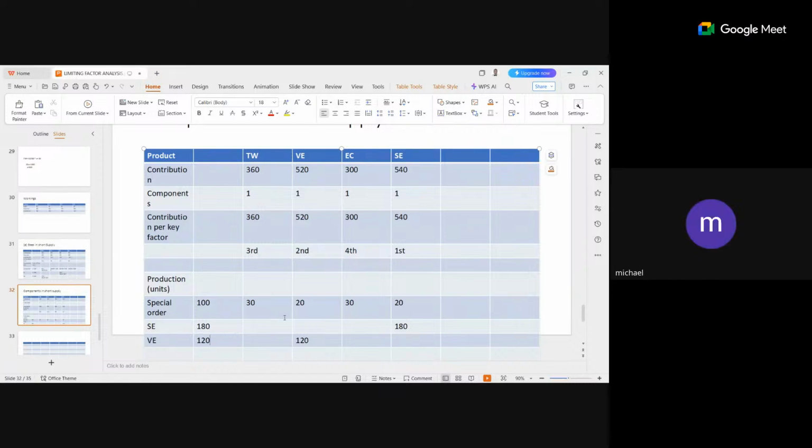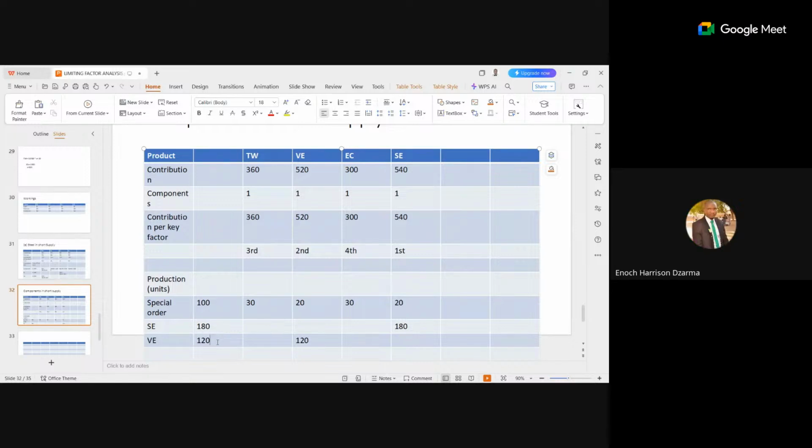We have a demand of 180 left for VE, isn't it? Yes. But we are restricted to 400 components. In these 400 components, 100 have been allocated to the special order, and 180 have been allocated to SE because it is ranking first. Now, 400 minus 100 minus 180, you are left with 120.